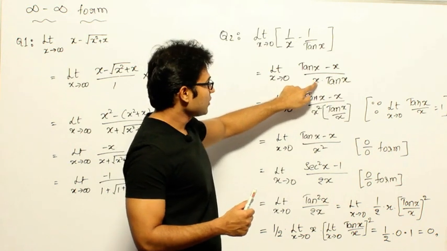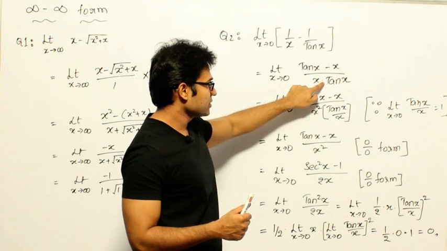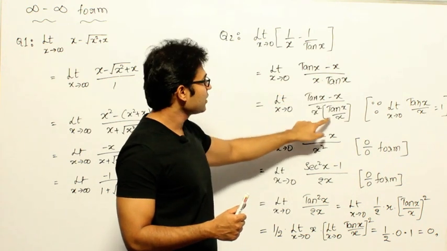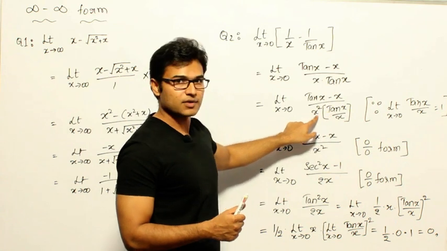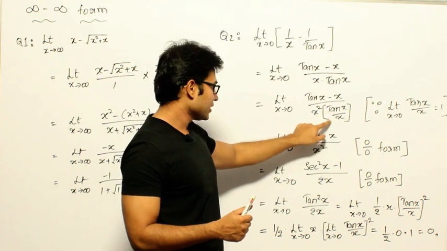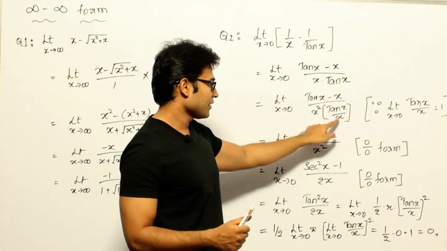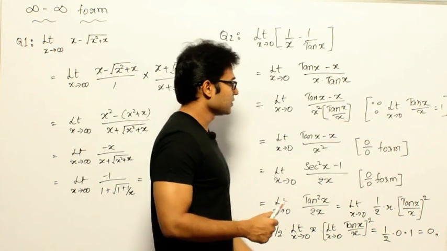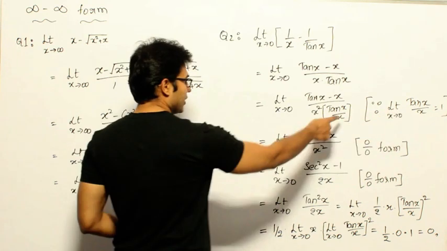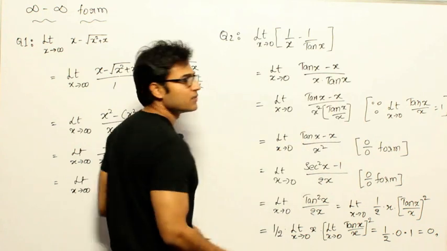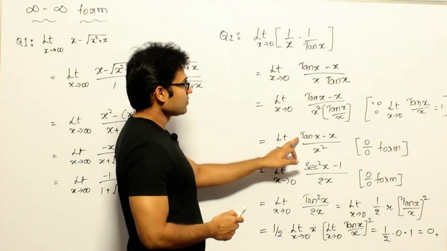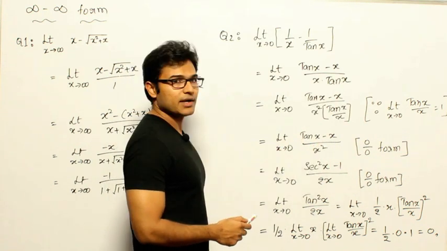So for that reason, you can multiply with x and divide with x. Then you are going to get tan x by x into x square, right? Why am I writing like this? Because limit x tends to 0, tan x by x equals 1. So you can directly eliminate it. Because it is 1, I am taking it away. So what is remaining? Tan x minus x divided by x square.